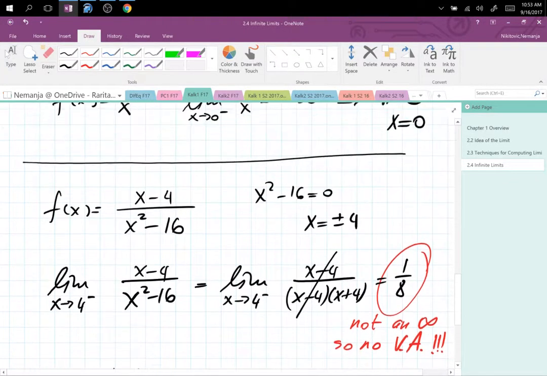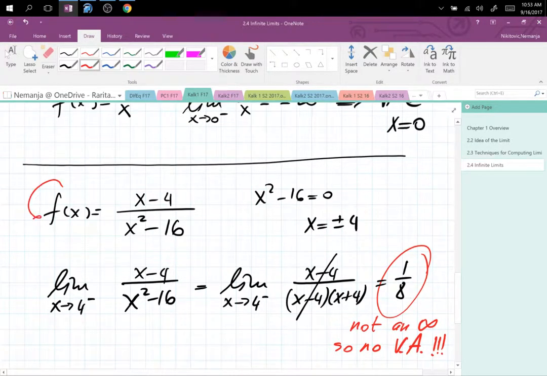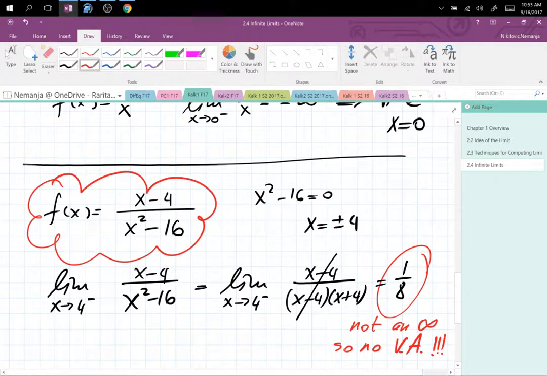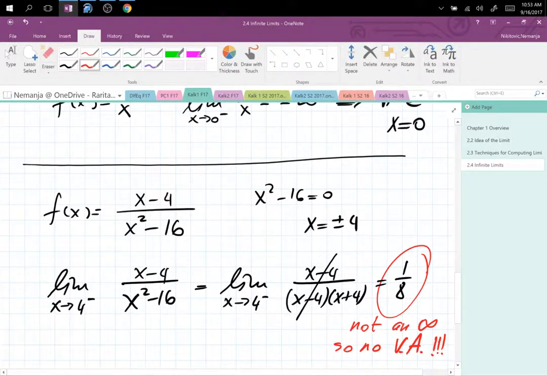So let's recap the entire problem. We are looking at the PreCalculus 1 problem here that has (x minus 4) over (x squared minus 16). What you learned in your previous life was that setting the denominator equal to 0 gives you vertical asymptotes. We have to correct that now and say it gives you the candidates for asymptotes.